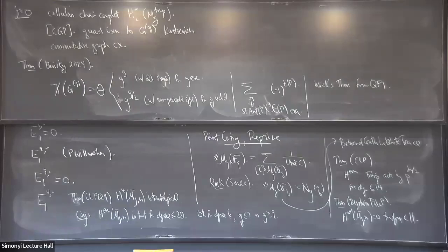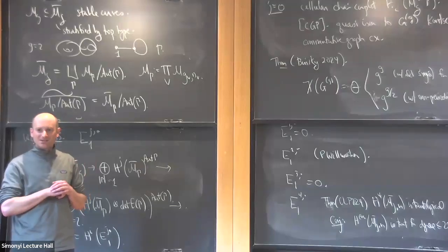The comment was, Bhargav said, is it not the topological Euler characteristic? I thought the polynomial point count at q equals -1 or 1 is the Euler characteristic. One should be the Euler characteristic. Okay, that's fine. So yeah, one should be the Euler characteristic.